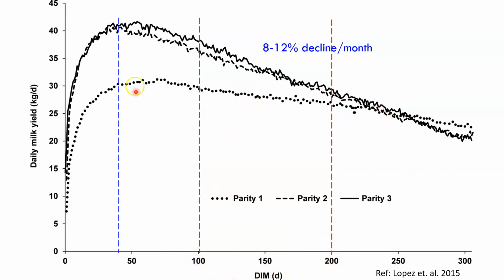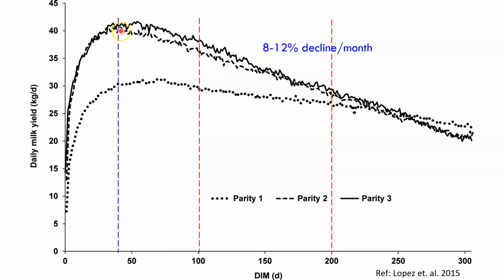So you see, every month we expect a decline of about 8 to 12%. Of course, as a good farm manager, a good veterinarian, your goal is to keep the decline close to 8%, not towards 12%, right? A 12% decline is a rapid decline, but you want to try and keep it around 8%.